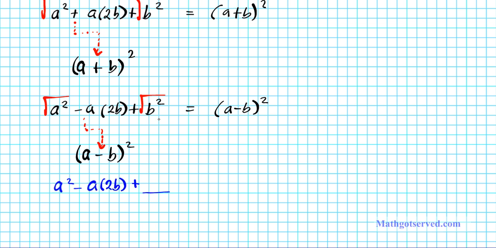So we know that b squared is the term that makes this a perfect square trinomial, but what if we didn't know what this term is, as we will be doing in our upcoming examples? How do we find the third term that makes an incomplete square a complete square, or a perfect square trinomial?